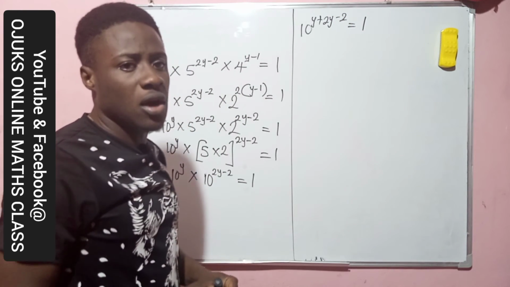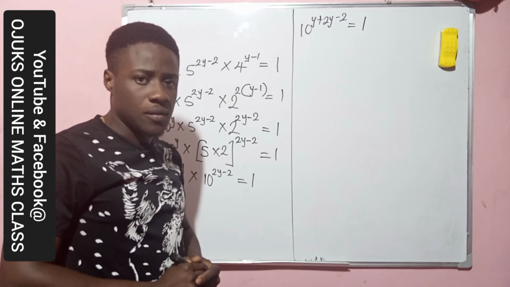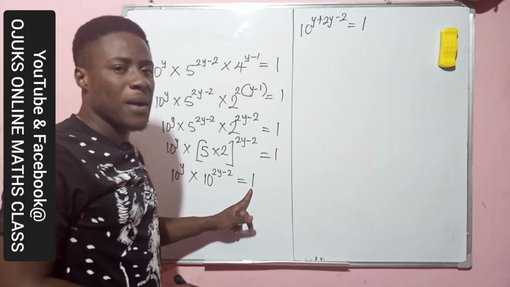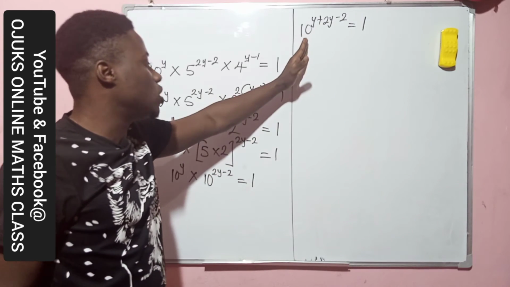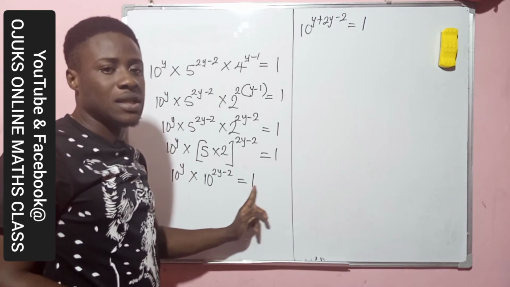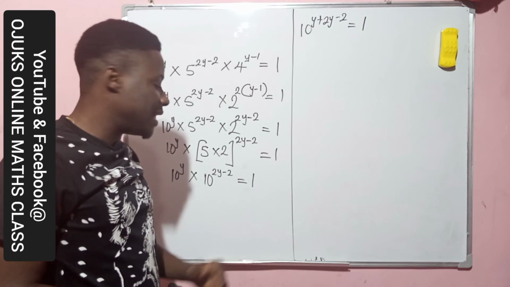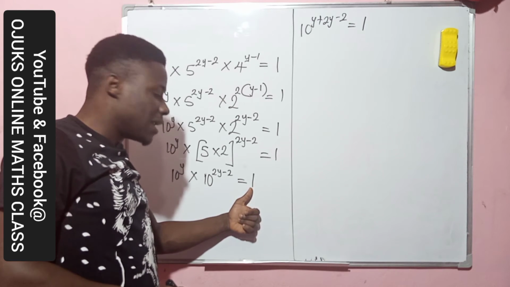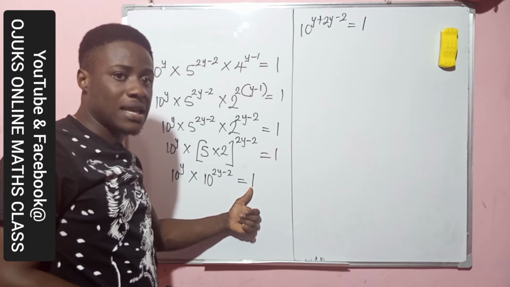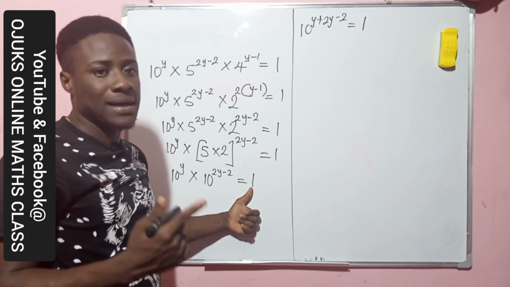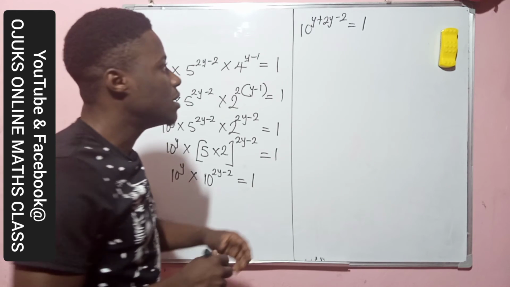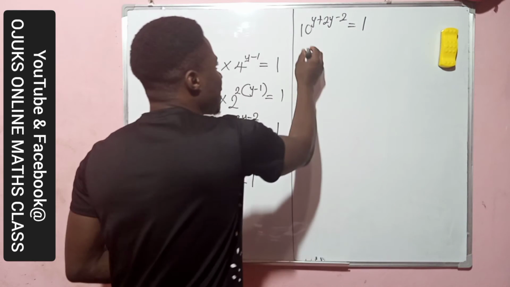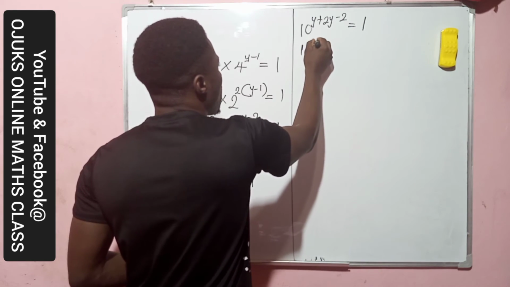According to the zero index law, anything raised to the power 0 is equal to 1. So I want this side of the equation to have the same base as this side of the equation. I can express 1 in index form as 10 raised to the power 0, because anything raised to the power 0 is 1. So instead of writing 1, I write 10 raised to the power 0.